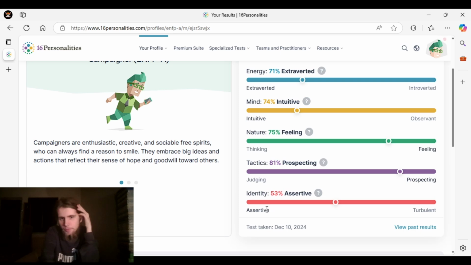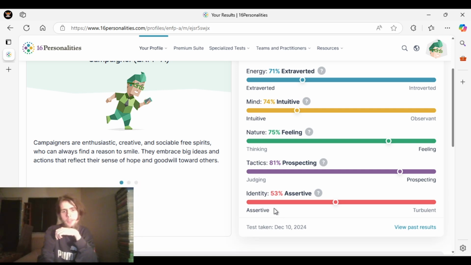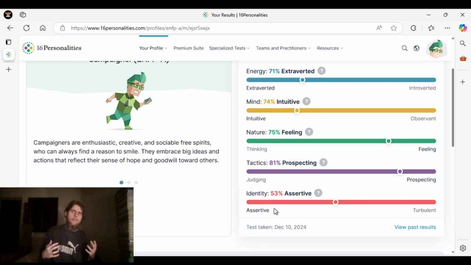So we have assertive, which is a bit more like, how do you say it? The assertive types are the ones whose energy is less than a turbulent one, and they need to sort of spare their energy and make sure that they can keep up with what they're doing, pretty much.